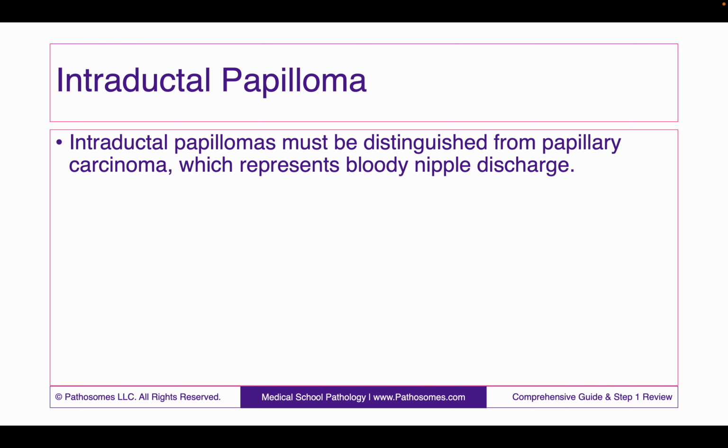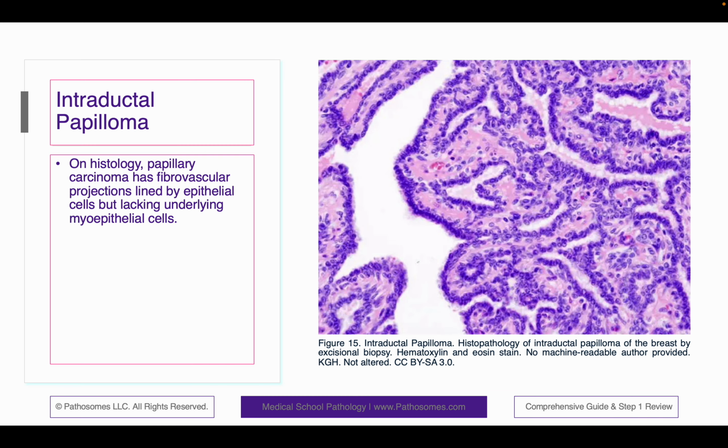Intraductal papillomas must be distinguished from papillary carcinoma, which presents with bloody nipple discharge. On histology, papillary carcinoma has fibrovascular projections lined by epithelial cells but lacking underlying myoepithelial cells.